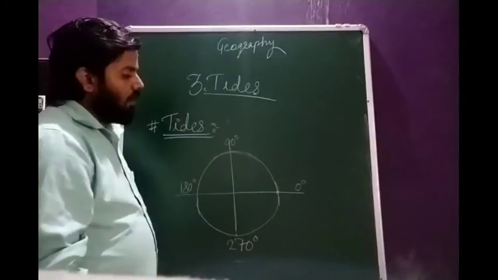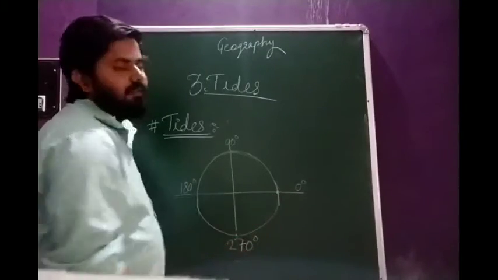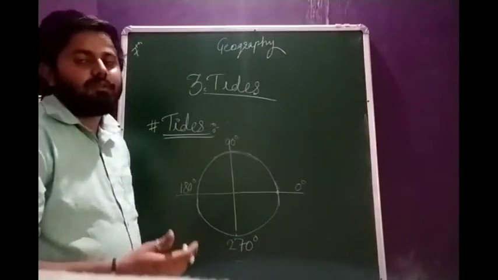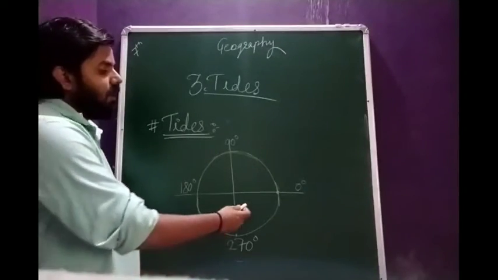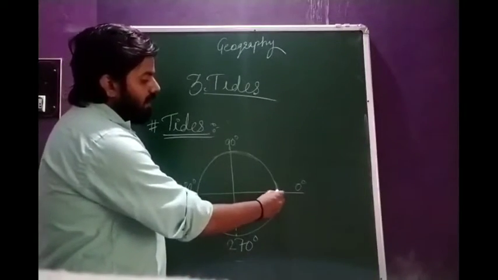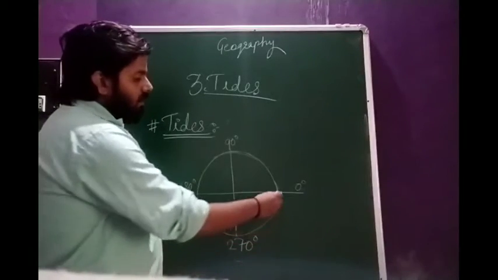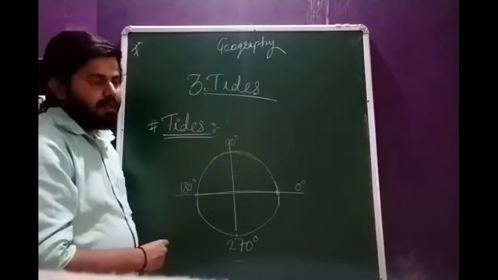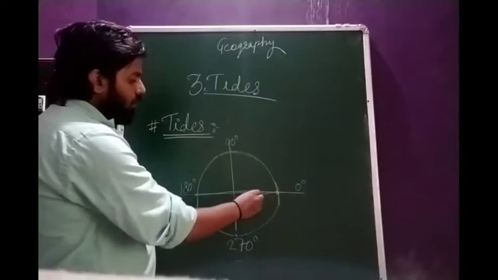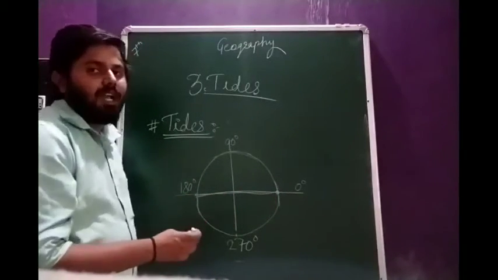When the high tide occurs on the 0 degree meridian, we will learn how the high tides and low tides occur. But when the high tide occurs on the 0 degree meridian, at the same time high tide occurs on the 180 degree meridian, right, and at both meridians the same tides occur.